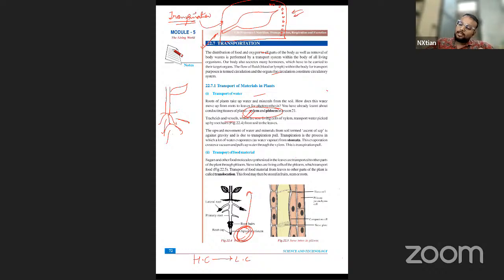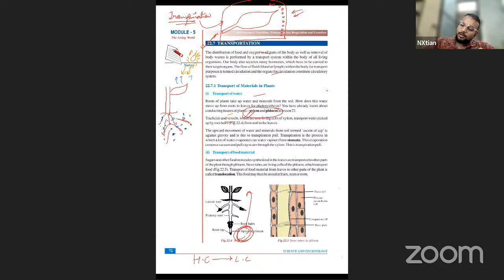Okay. Now there is water around the roots. Because there is a lot of water, and because of sun rays, the water will evaporate from the leaves. I told you.